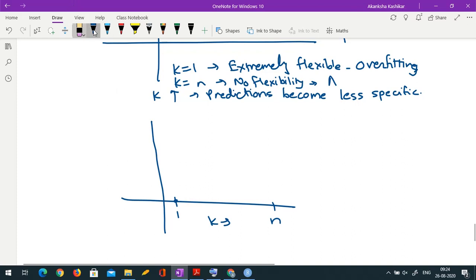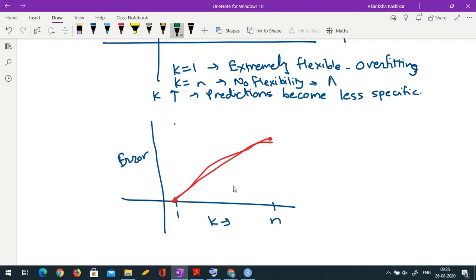So if I have k here and if I have error here, then training error we know is going to be 0 here and it will be maximum at this point. Okay, it need not be a straight line, it can probably be a curve or something like that. It will be maximum when you give only one single prediction for all the observations. Okay, whereas test error would show you a different picture. Test error would be something like this.